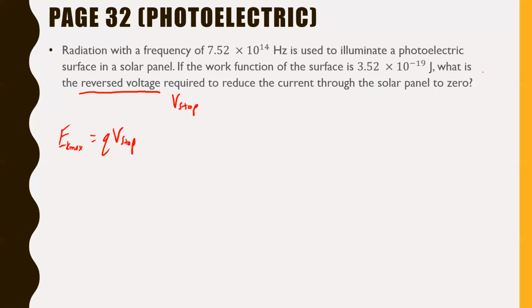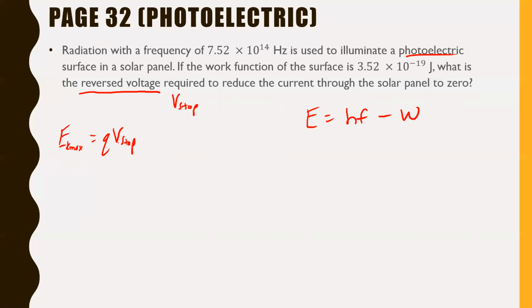Now, during a photoelectric effect, we usually would say that energy is equal to HF minus your work function. Now, what's going on here, however, is that our energy is being stopped because of this stopping voltage. So in other words, it's in an opposite polarity. We have to overcome the energy of this just in an opposite direction to get this to stop. In better, clearer English, your photoelectric effect is producing electrons that have energy in a certain direction, right?